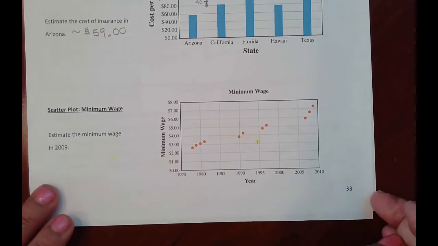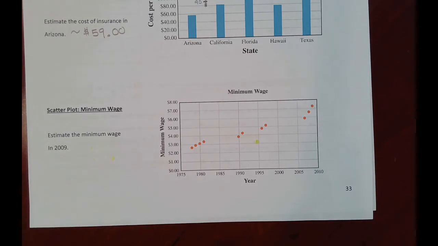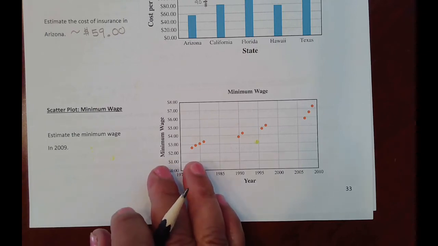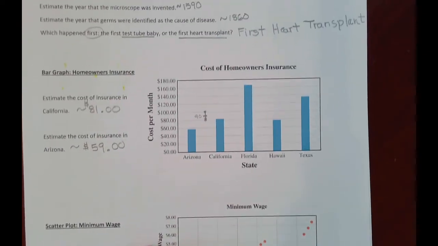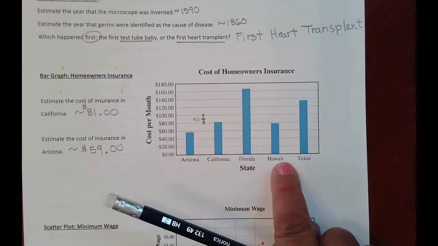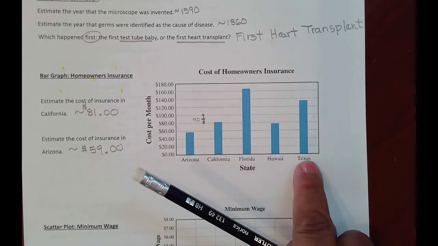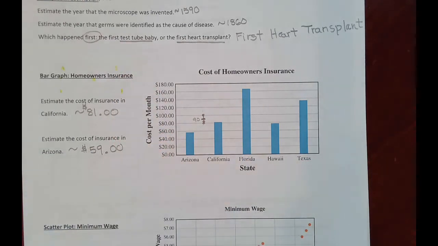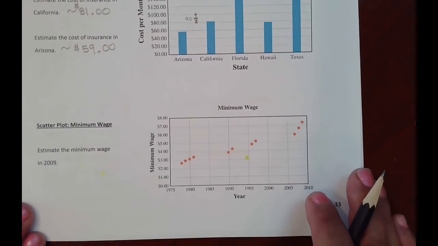Okay, scatter plot. That is another place where you could be potentially asked to estimate something. So here it says estimate the minimum wage in 2009. Notice that all of these graphs, otherwise they are unreadable when you're talking about two values that you're comparing, are clearly labeled along the horizontal axis, clearly labeled on the vertical axis so that you can read what you're doing, the answer that you're giving.